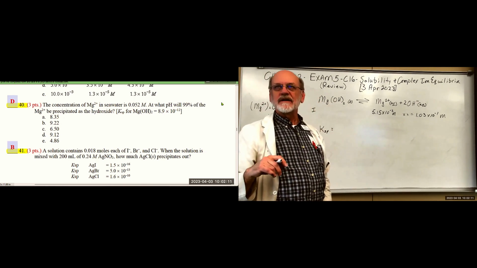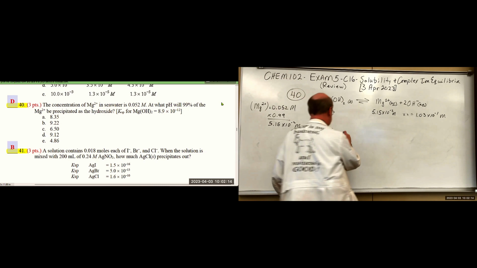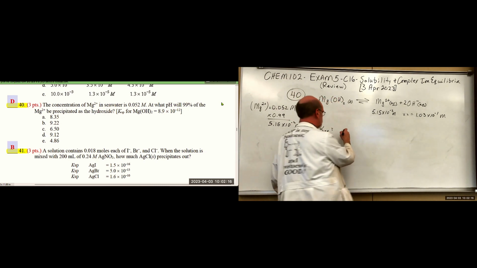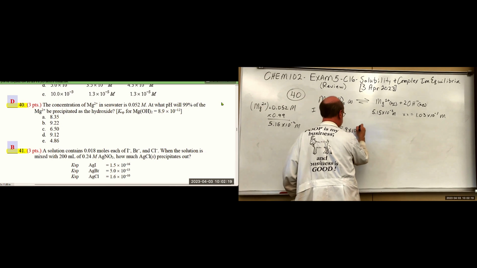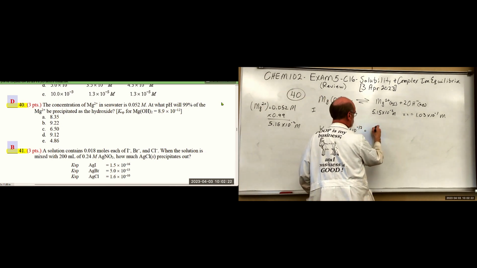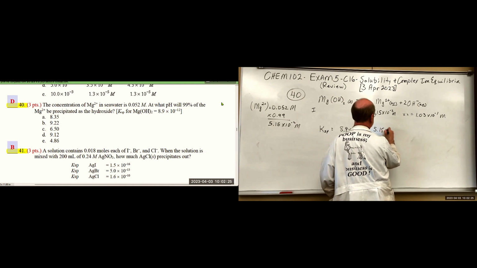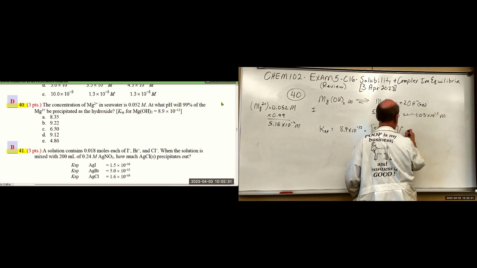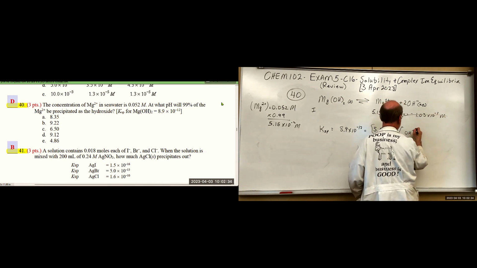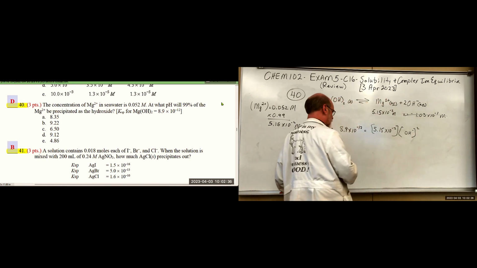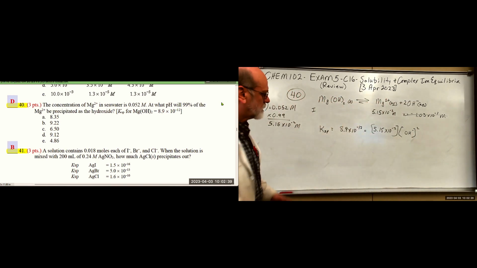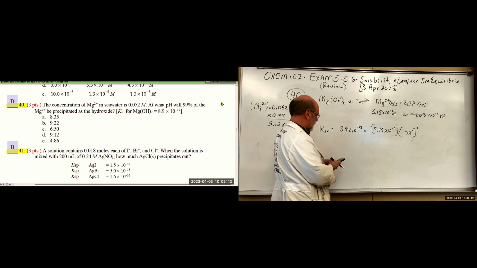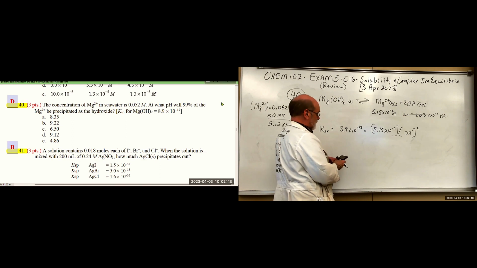KSP is 9 times 10 to the minus 12. 8.9. 8.9 times 10 to the minus 12. And that's equal to 5.15 times 10 to the minus 2 times OH squared. Now I can solve for OH. 8.9 exponent 12, 5.15 exponent 2. Divide that into it.